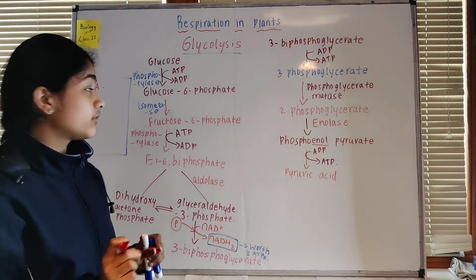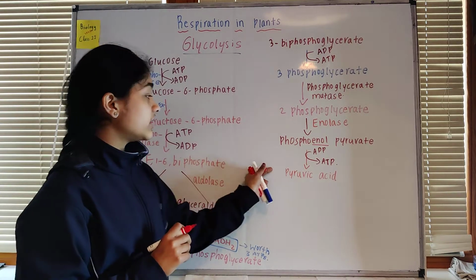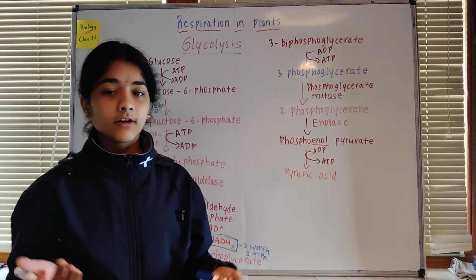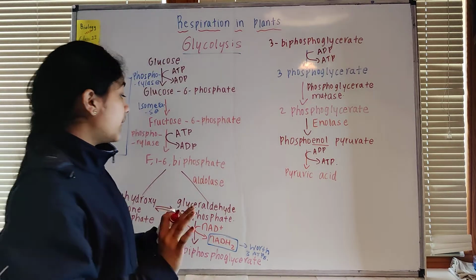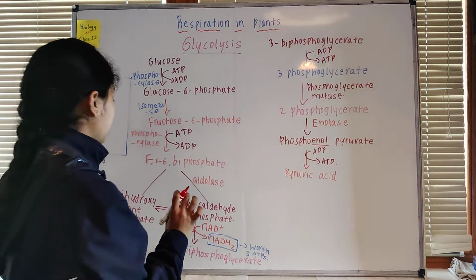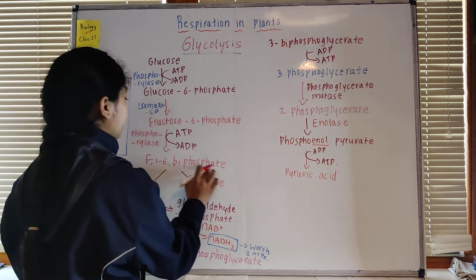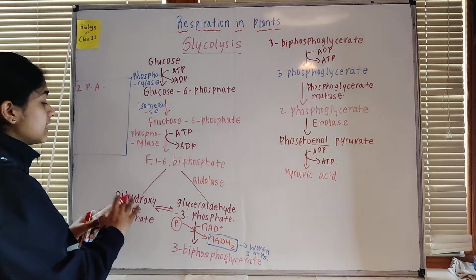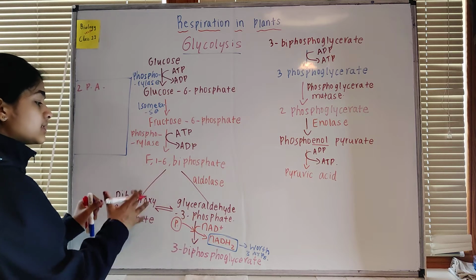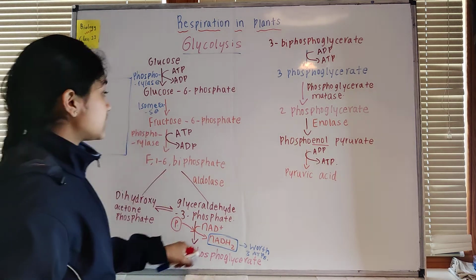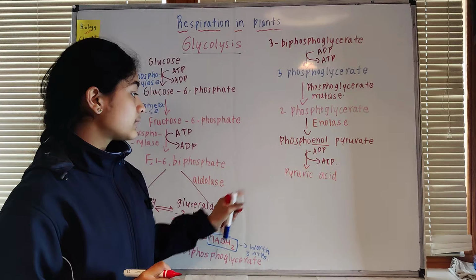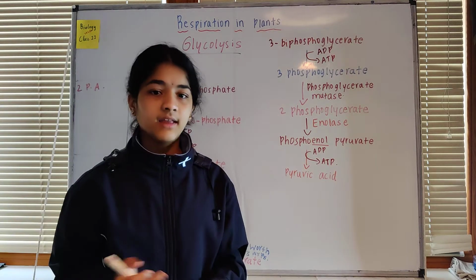We should not get confused that glucose is changing into 1 pyruvic acid, but we know that glycolysis gives 2 pyruvic acid. This is happening twice with the 2 isomers. So this F16 biphosphate is split into 2 compounds, and both compounds undergo the same thing twice. That's why we have 2 pyruvic acid at the end.